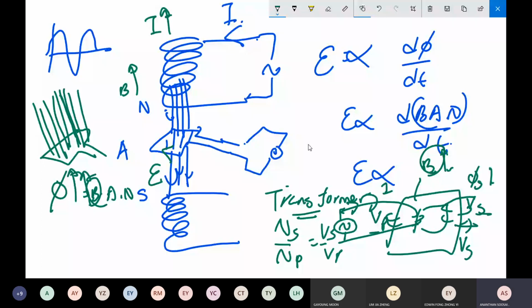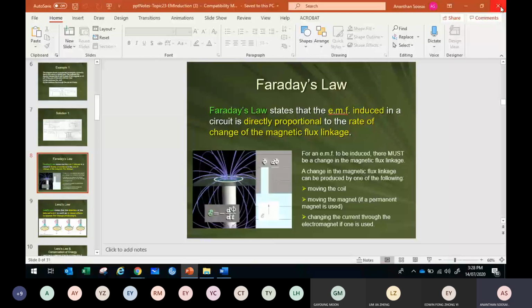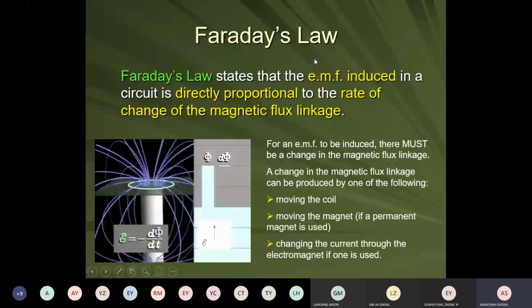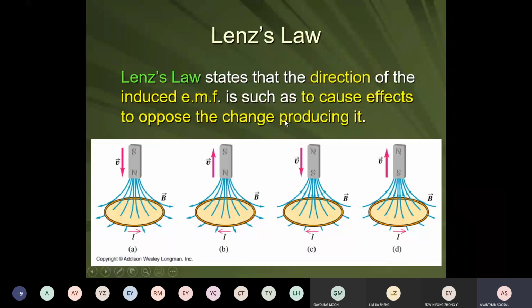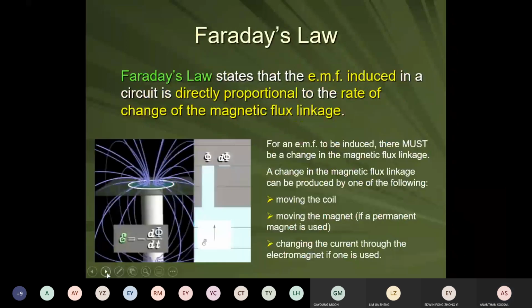Try to understand these three points. Faraday's law says that the induced EMF is directly proportional to the rate of change of magnetic flux. You can change the magnetic flux in three ways: moving the coil, moving the magnet, or, the third one, changing the current.